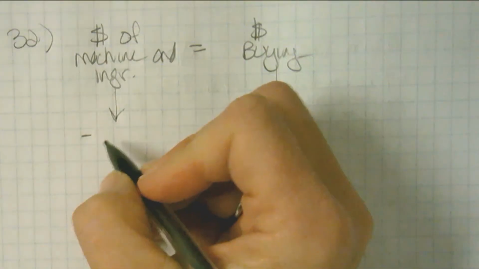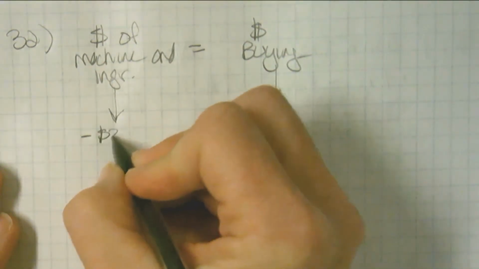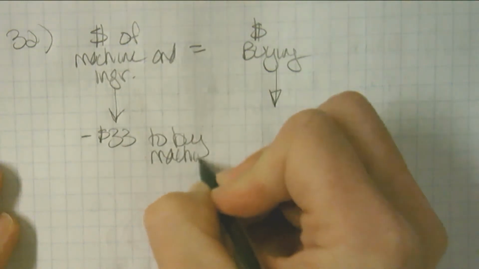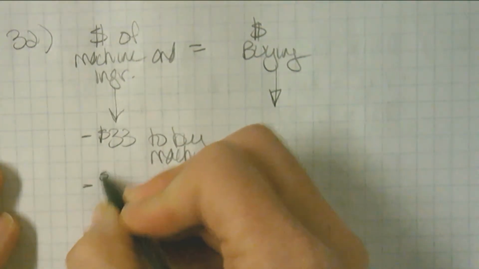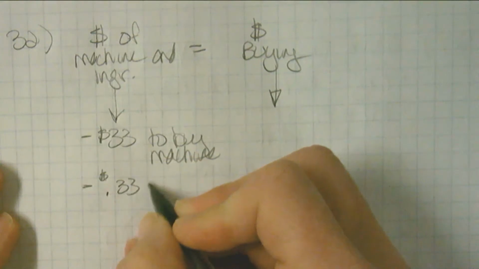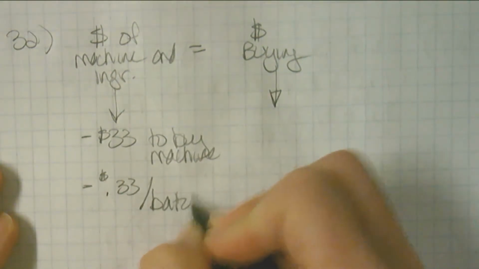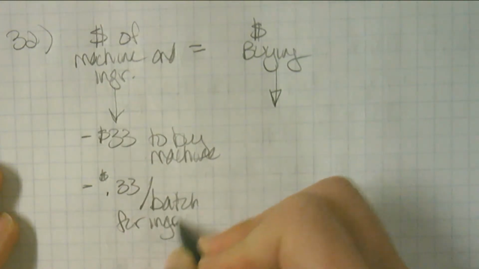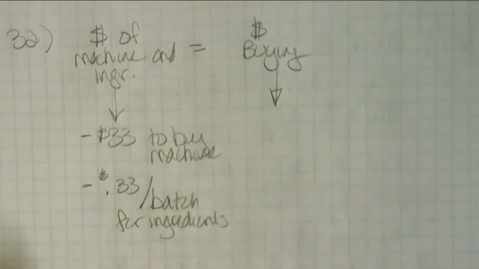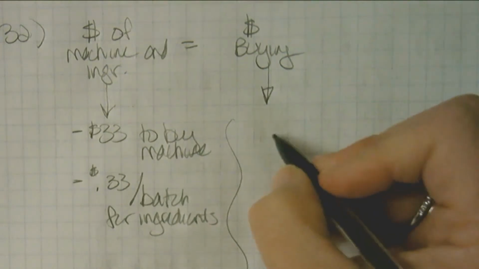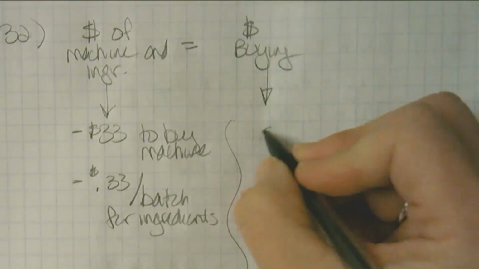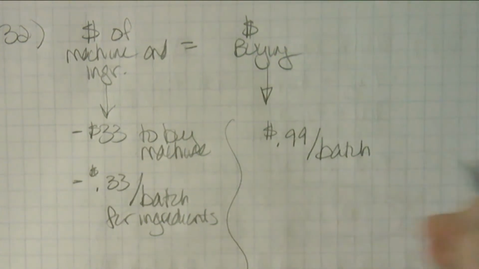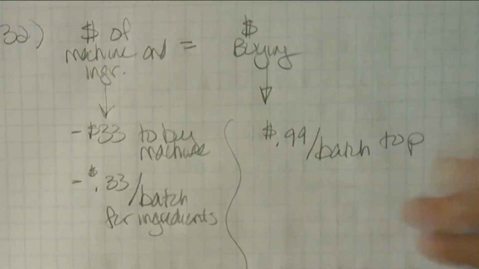So here, the cost of buying the machine is $33. Then they tell us it's 33 cents per batch for ingredients. The cost of buying, we know, is 99 cents per batch to buy the pasta.